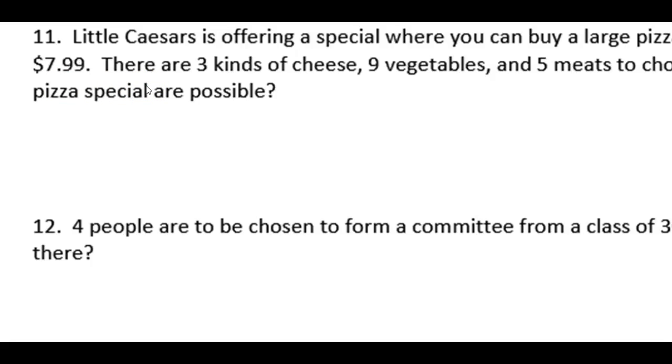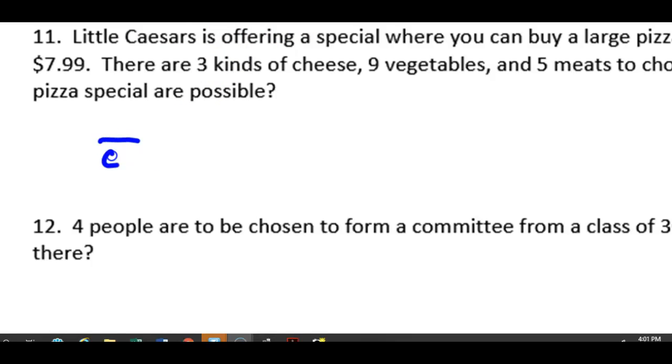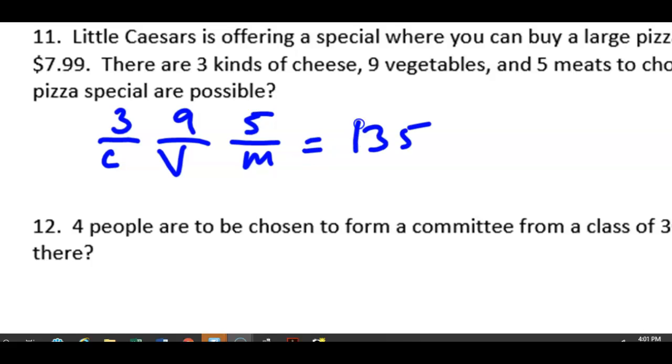How many different variations of pizza specials are possible? So for cheese, we have 3 kinds. For veggies, I can have 3 kinds, and for meats, I can have 5 different types, right? If I multiply those out, that's 45 different combinations of this pizza.